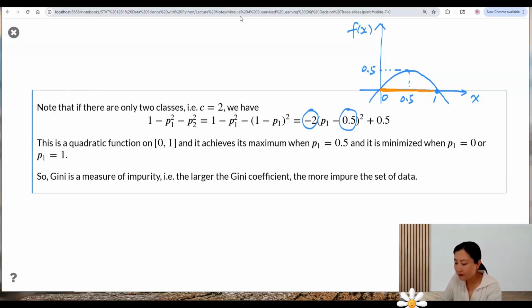And let's examine these extreme cases. When p1 is equal to 0 or 1, the set is completely pure. They all belong to the same class. In that case, the Gini coefficient is equal to 0, in both cases.